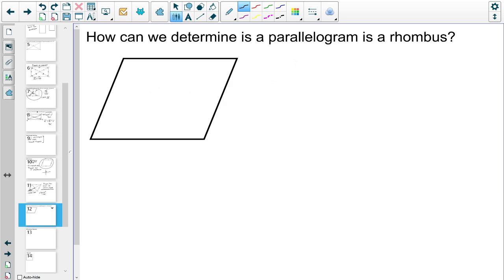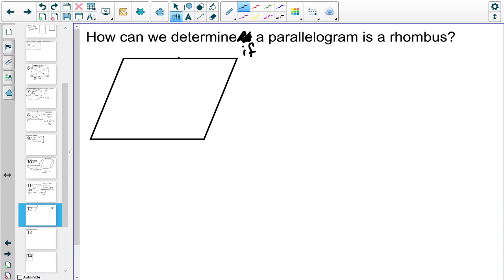So how do we determine if a parallelogram is a rhombus? We have a parallelogram, and we ask, is this a rectangle, or is this a rhombus? How can we differentiate? Let's go back to what we just learned. A rhombus has 4 equal sides.